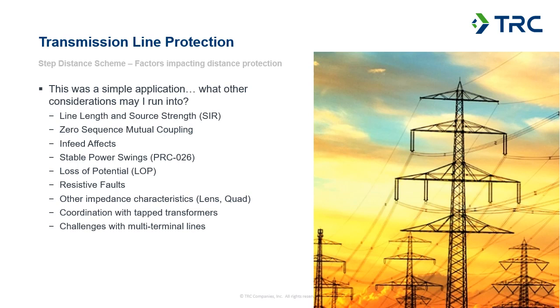And then lastly, not all transmission lines are nice, straightforward two-terminal lines from one station to another. There's many applications out there that have multi-terminal lines that really add a lot of complexity to the protection system and meeting the protection objectives that we've discussed.